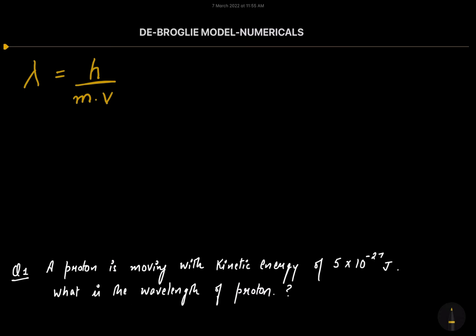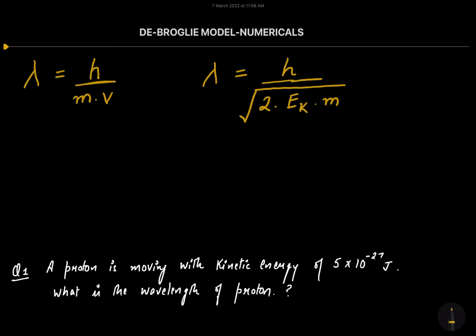The another formula which I am going to use over here is lambda is equal to h upon root of 2 into kinetic energy into mass of the moving particle.